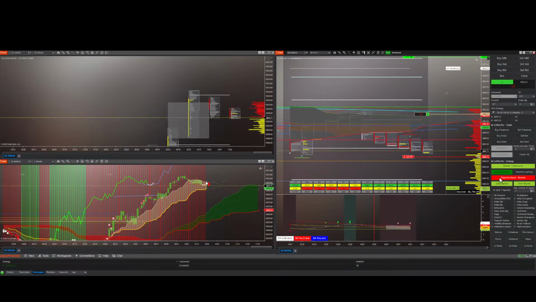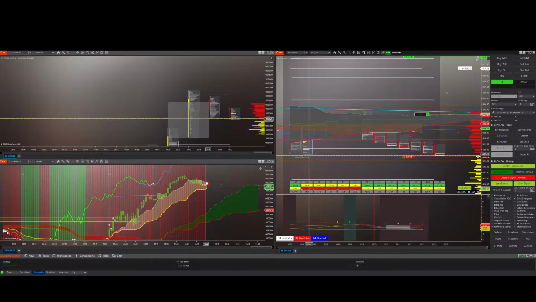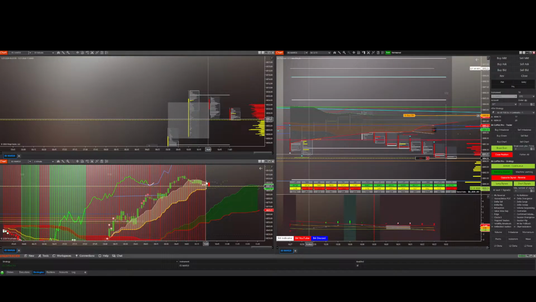This auto reverse tool only has control over your strategy entered positions. My stop loss is below the value area here of this candle. Stop. Order filled.